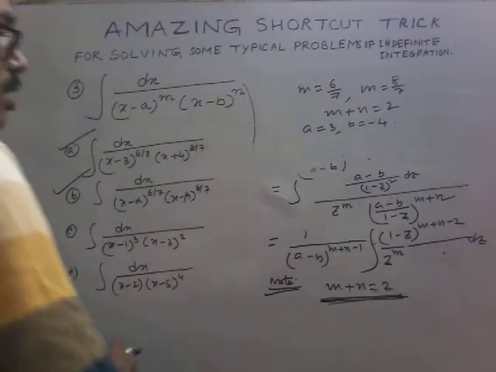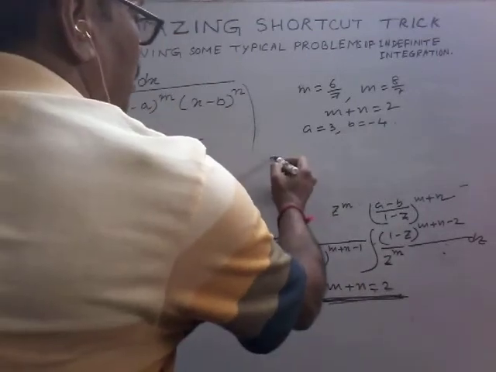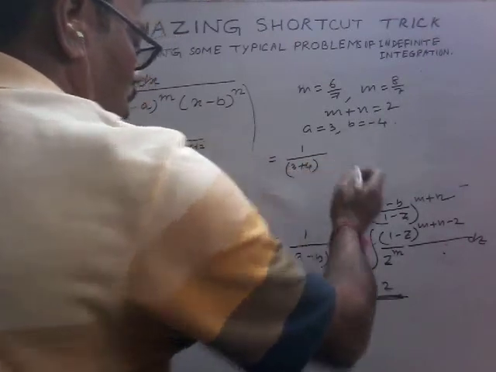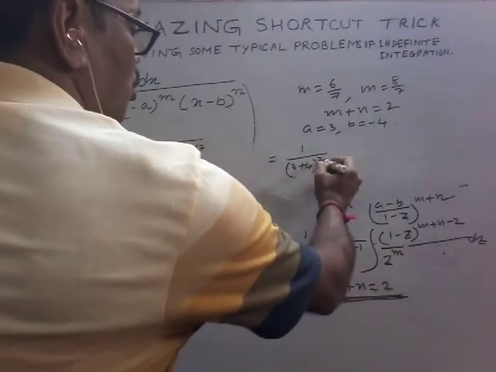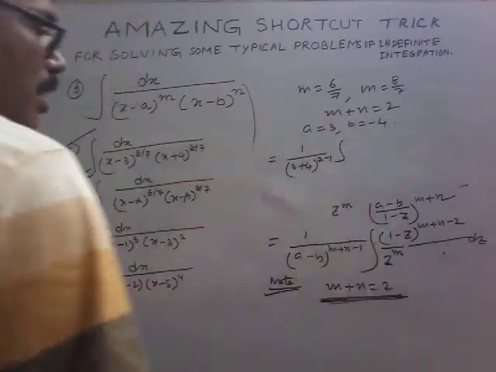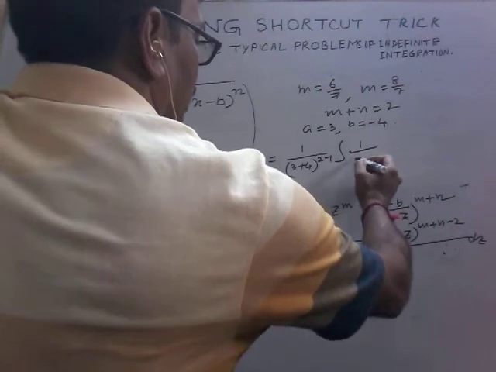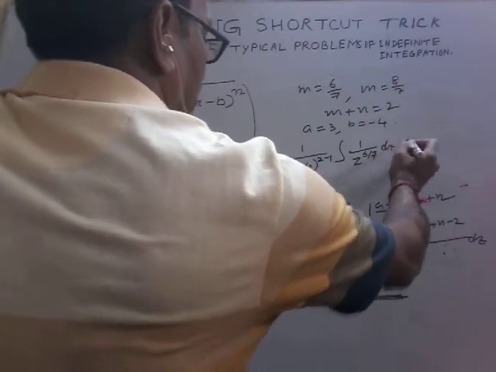So if you put these values, what we are getting, look: 1 by (3 plus 4) whole to the power m plus n minus 1, that is 2 minus 1, the integration of this one is 0, 1 by z to the power 6 by 7 dz.